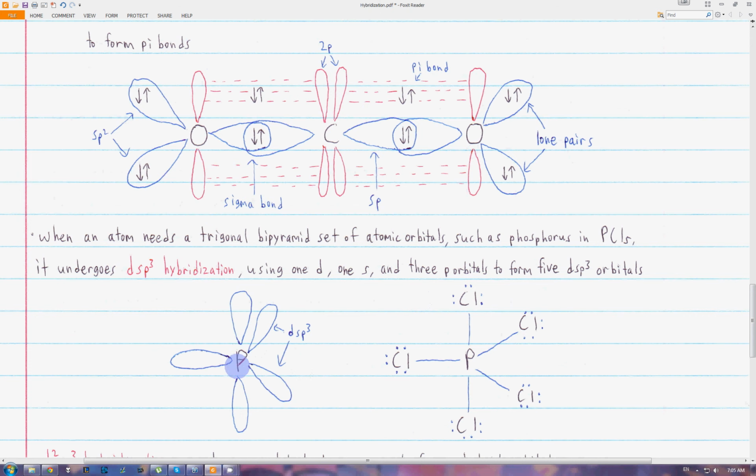So here I only drew the phosphorus because it would be too complicated to draw all the chlorines. But since the chlorine needs 4 spaces, one for this bonding pair with phosphorus, that would be a sigma bond, and then it needs 3 spaces for its lone pairs. So we can assume that each chlorine in this molecule undergoes sp3 hybridization to form that tetrahedral arrangement.